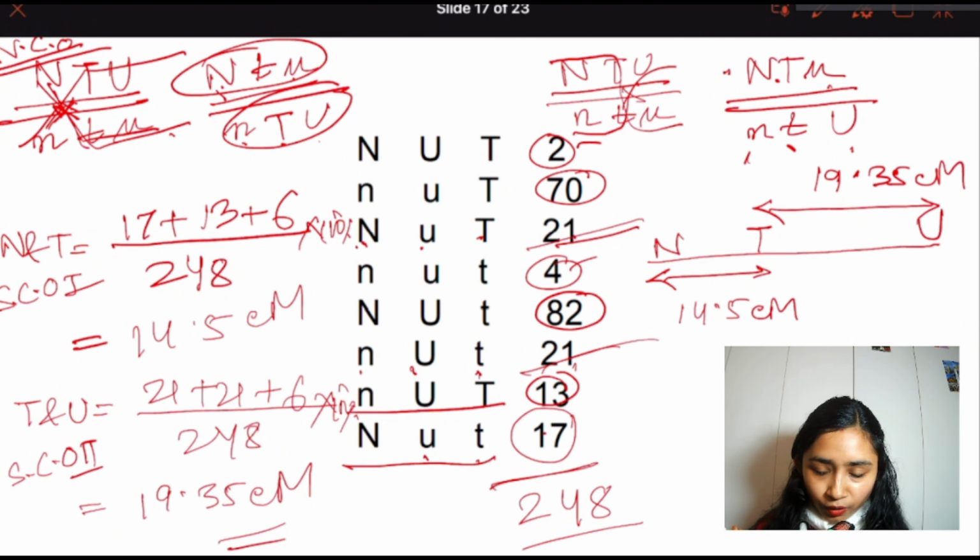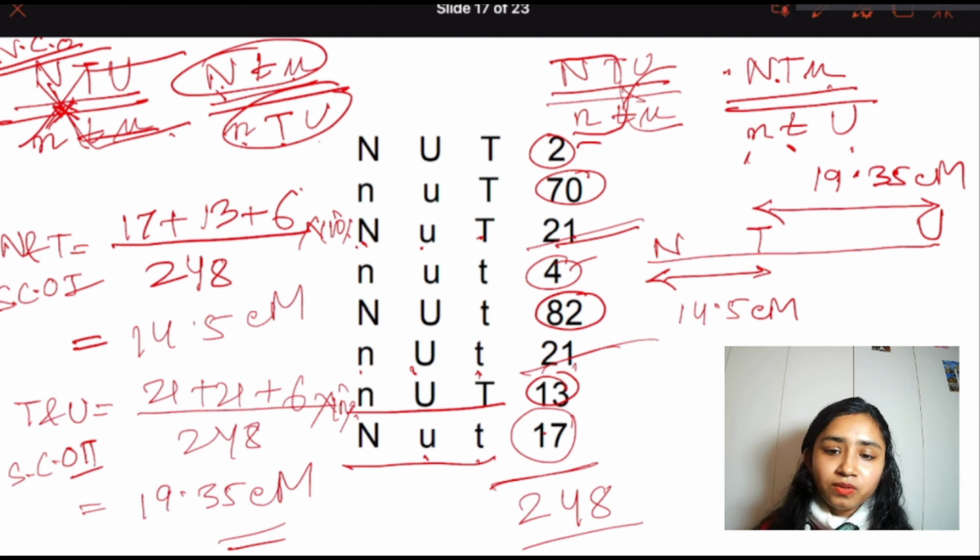The formula to check the gene distance is the number of recombinants by the total number of offspring into 100%. In the next class we will understand how to take out the interference, what is interference, what is coefficient of coincidence, and how to take out expected DCO and observed DCO.